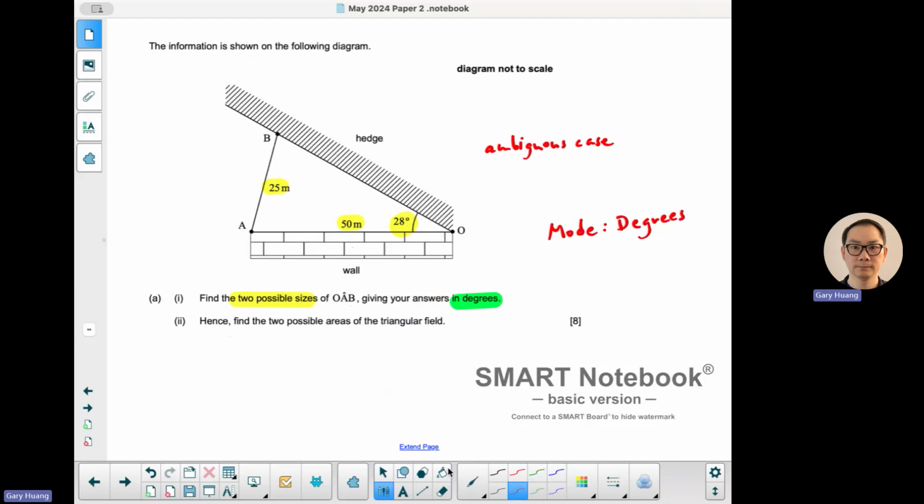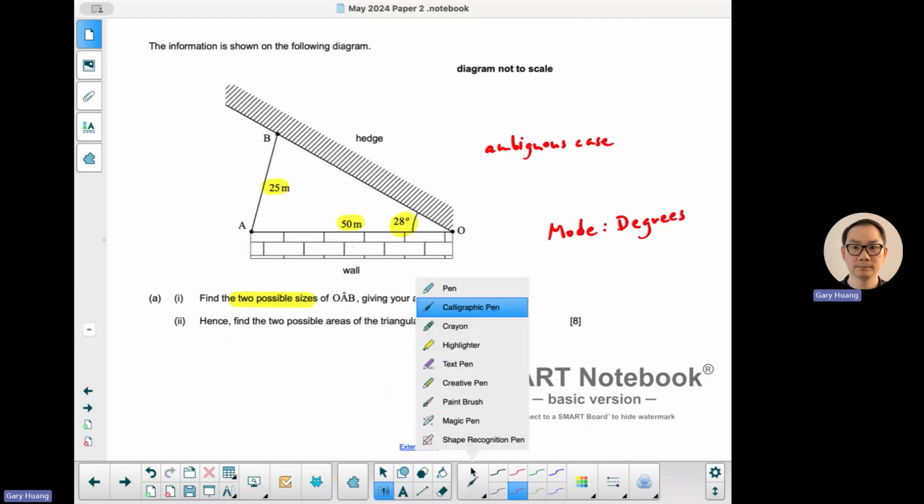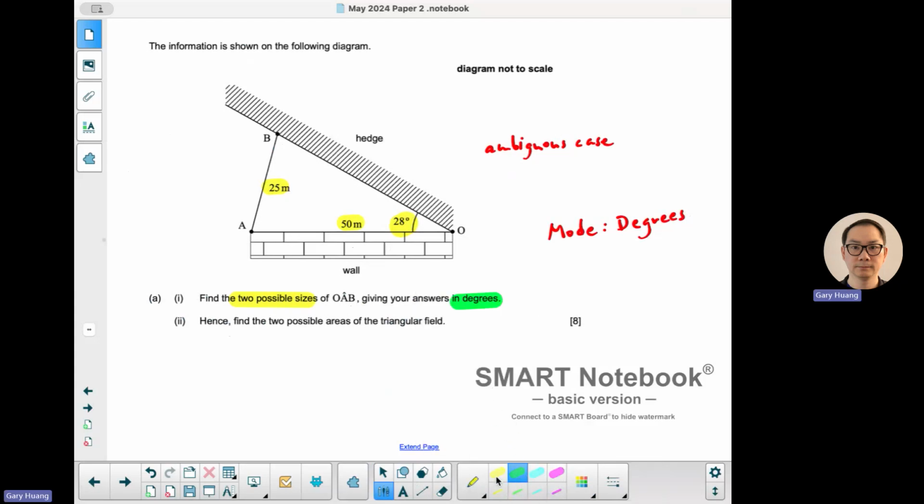So we have to set up our sine law. We have 25 and 28 degrees. That's a pair. 50 meters is going to go with angle B. So we're going to set up sine law: sine B over 50 is equal to sine 28 over 25.